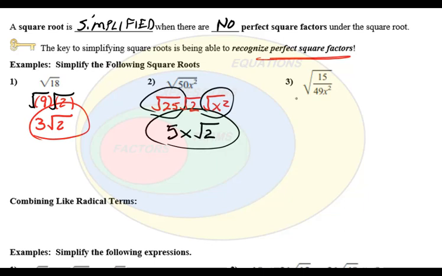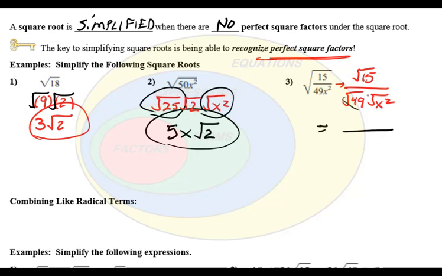So remember, for number 3, this is the square root of a whole term. So what we're going to do is take the square root of every factor in the term. The first thing we would do is take the square root of 15 and then over the square root of 49 and then the square root of x squared. So we can simplify the denominator.